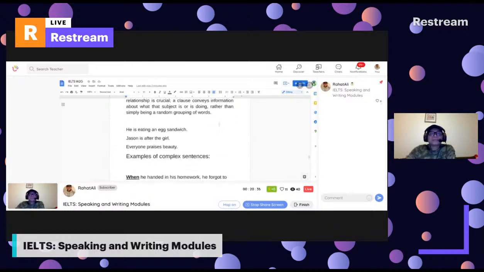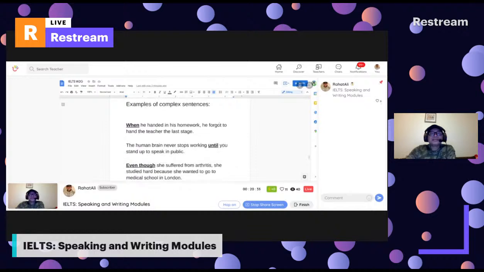Examples of complex sentences: When he handed in his homework, he forgot to hand the teacher the last stage. Look, this has been connected with the word when.